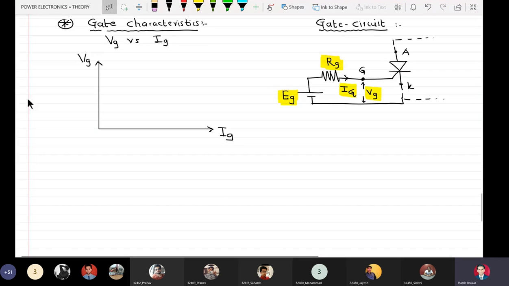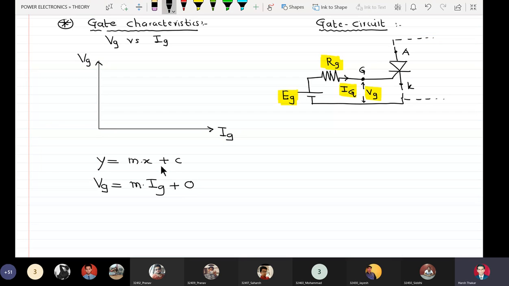Now here it is given that the straight line slope is 130. All of you know the coordinate geometry equation y equal to mx plus c. So we have y equal to slope into x plus c. In our case, the y-axis has the gate voltage, so Vg is equal to slope m into x, which is my gate current Ig, plus c. It is a straight line through the origin, so c is equal to 0.